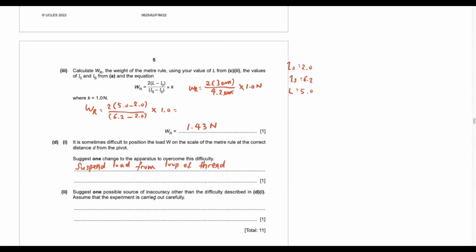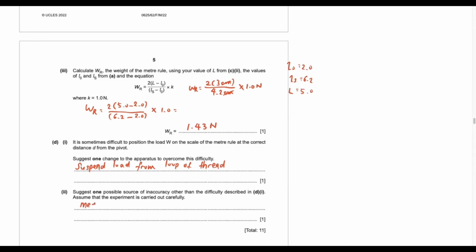Okay, one possible source of inaccuracy. For example, you're using a meter rule. Maybe the scale of your meter rule is not uniformly distributed.